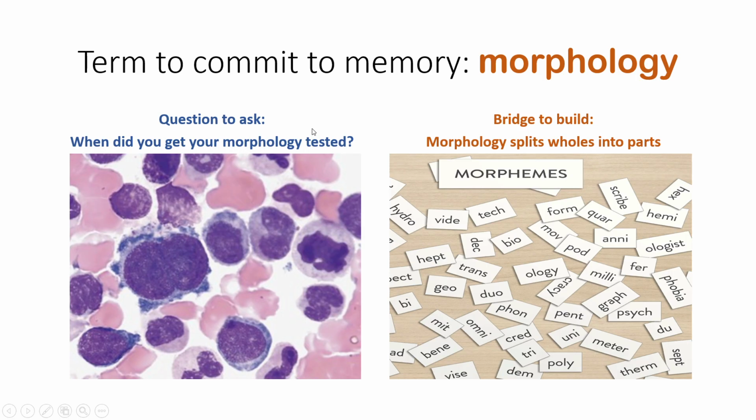Your doctor commissioned somebody to test your blood for cholesterol, for triglycerides, perhaps, and everything, vitamin D. So this is your morphology, the structure of your blood cells.